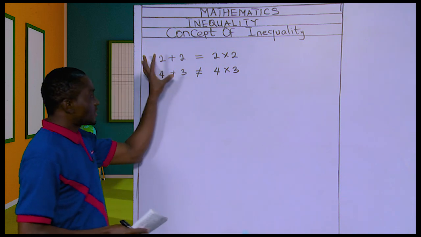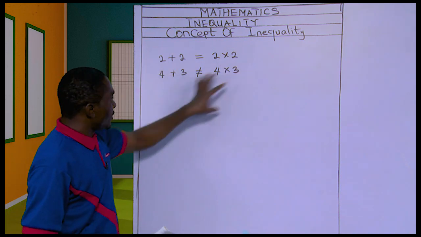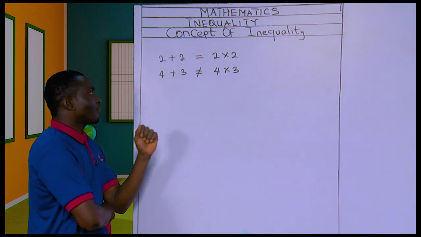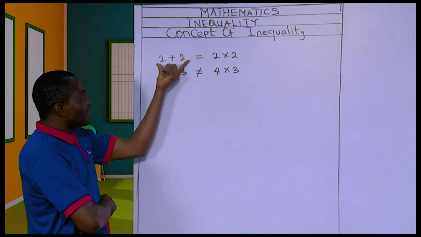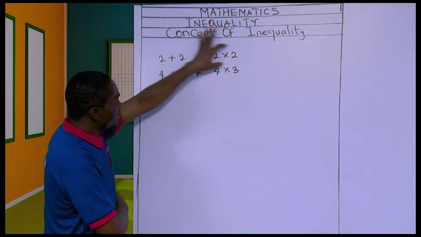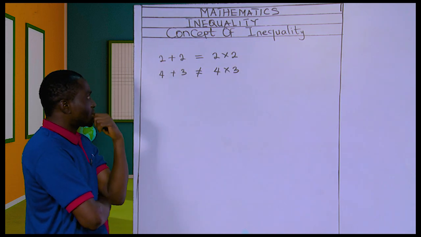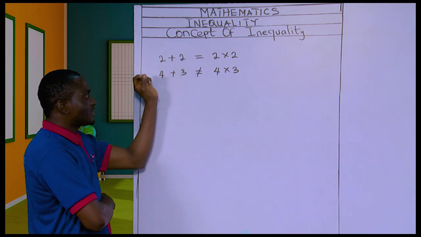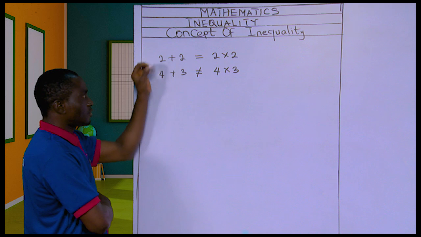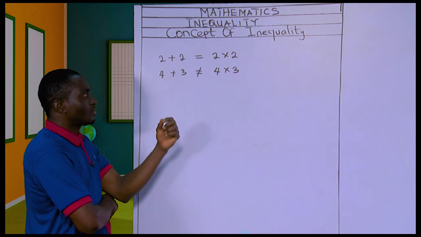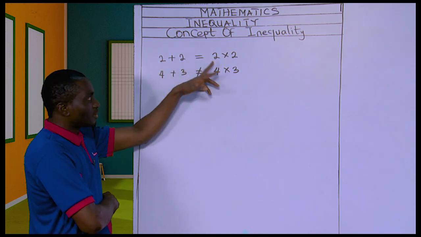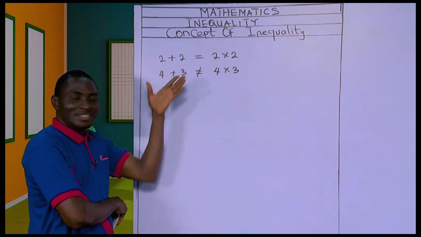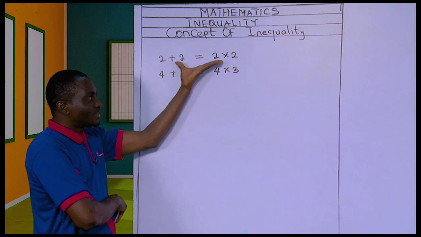Let me use this mathematical statement first. The expression on this first one says 2 plus 2, that is the sum of 2 and 2, equals the product of 2 and 2. That is the mathematical interpretation of this.